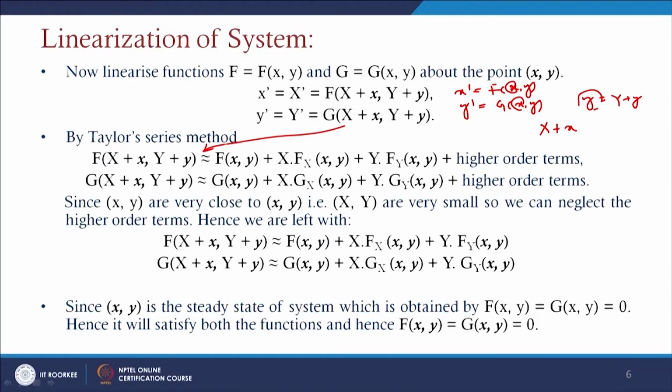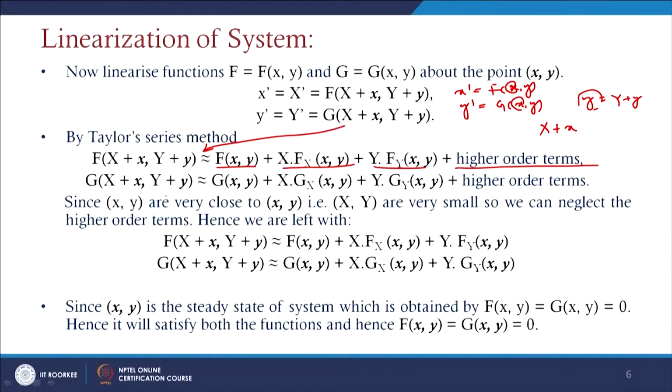So we write f of x plus x, y plus y as f of x y plus x, the small perturbed term, times f x at x y, plus y times f y at x y, plus the higher order terms, like the second order or third order differentiation terms, which are assumed as higher order terms here.